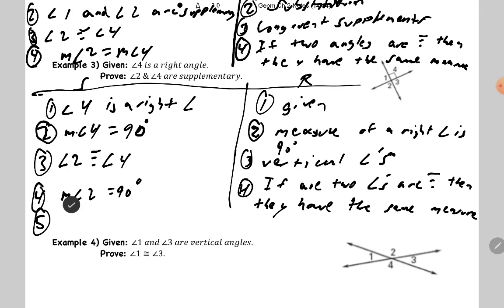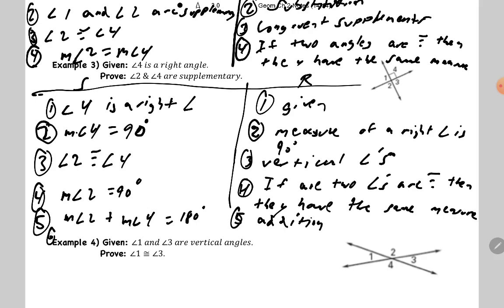Five. Okay. Measure of angle 2 plus measure of angle 4 is 180. And that's just addition.